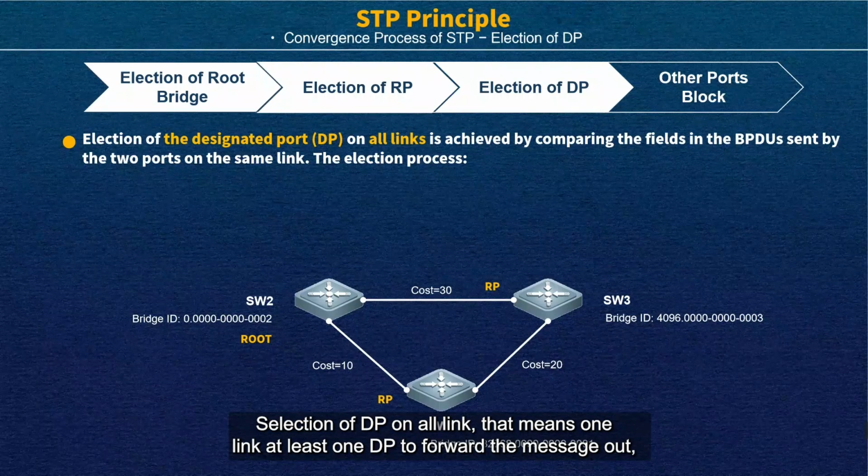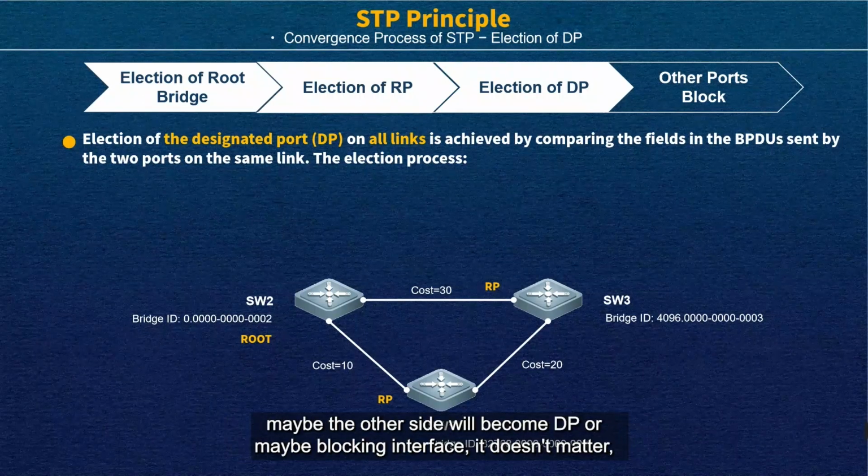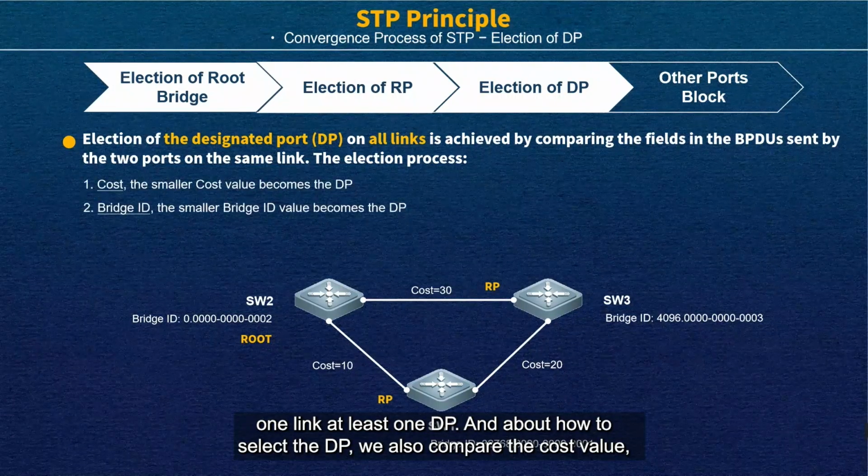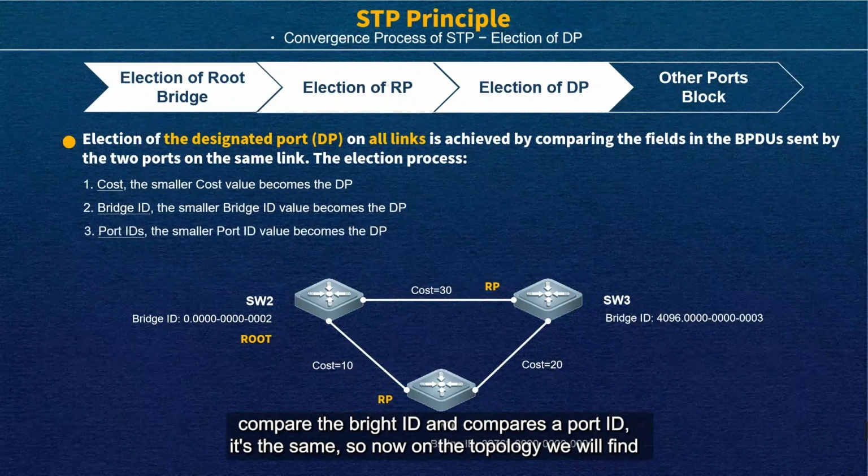That means one link has at least one DP, to forward the message out. Maybe the other side will become DP or maybe a blocking interface, it doesn't matter. One link, at least one DP. And about how to select the DP, we also compare the cost value, compare the bridge ID, and compare the port ID. It's the same.